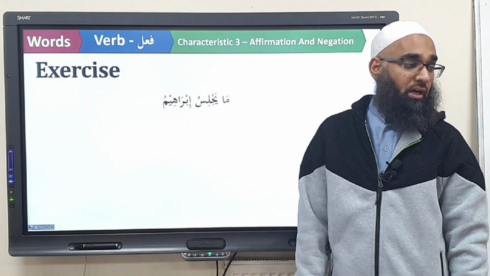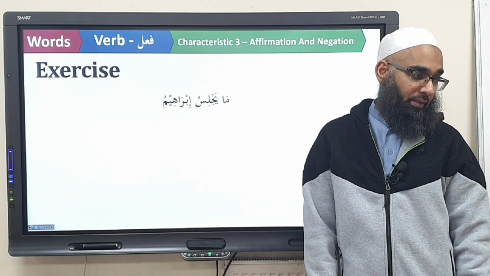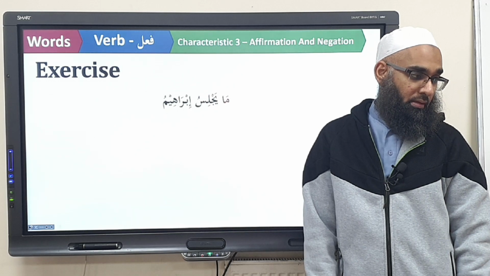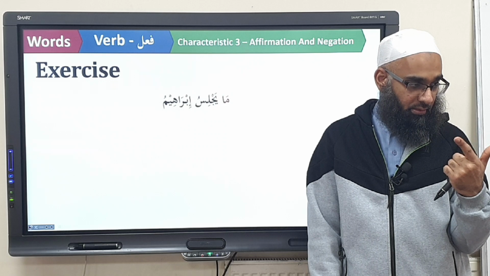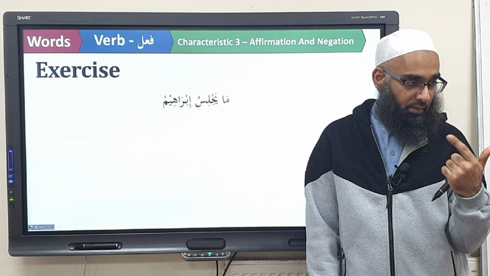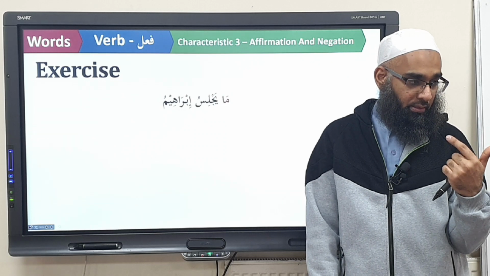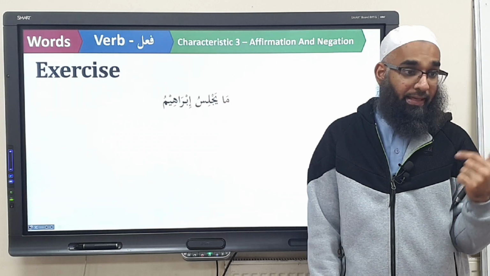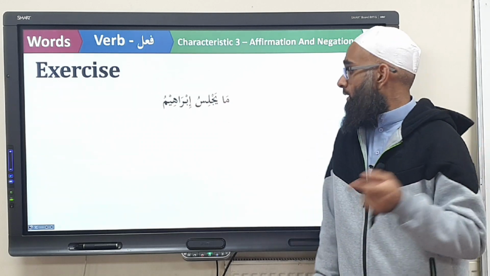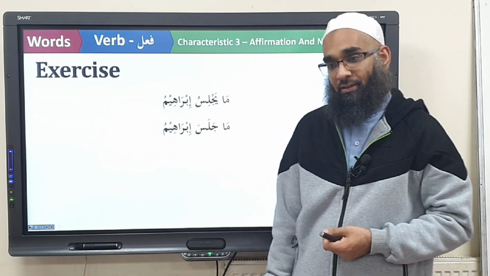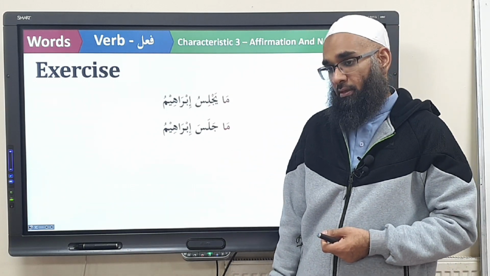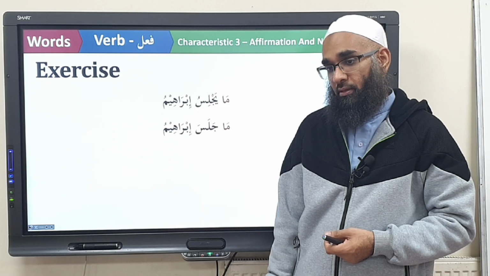Ma yajlisu Ibrahim. Ibrahim is not sitting or doesn't sit. Can it be will not sit? No. Ma jalasa Ibrahim. You did the similar one last time. Your turn. Ma jalasa Ibrahim. Ibrahim didn't sit.